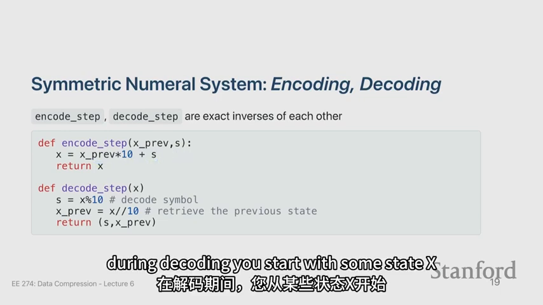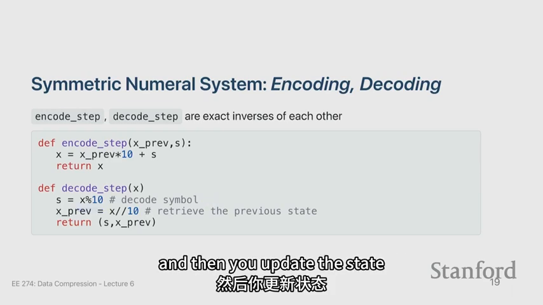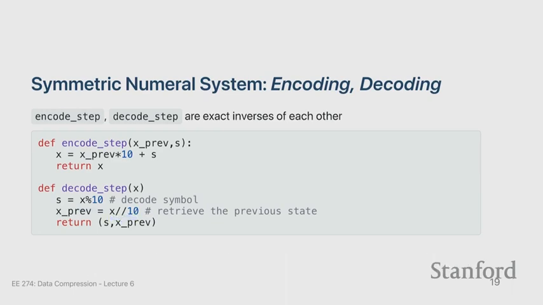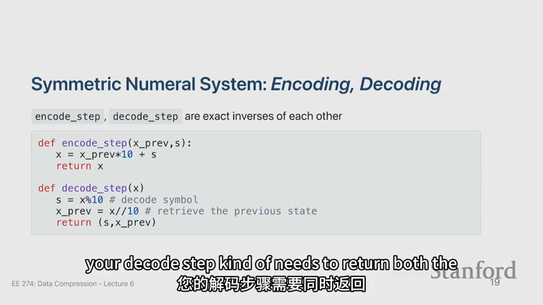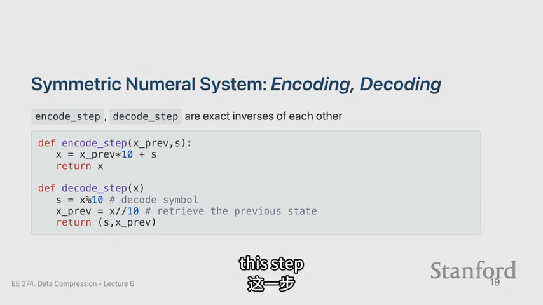During decoding, you start with some state x. You decode the symbol by first taking the modulo, right? And then you update the state by taking the integer part after dividing by 10. Your decode step needs to return both the symbol as well as the state so that you can continue this step.